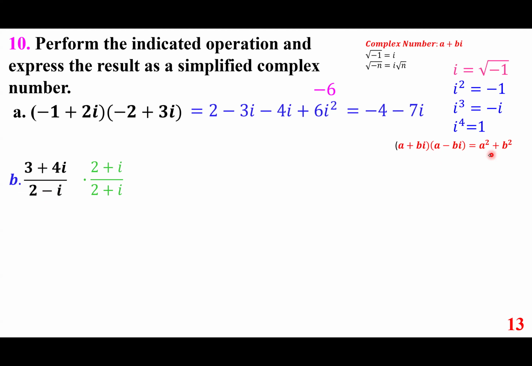So first, this becomes 2 squared plus 1 squared. The numerator, you do the FOILing. 3 times 2 is 6, times i is 3i, 4i times 2 is 8i, and times i is 4i squared.